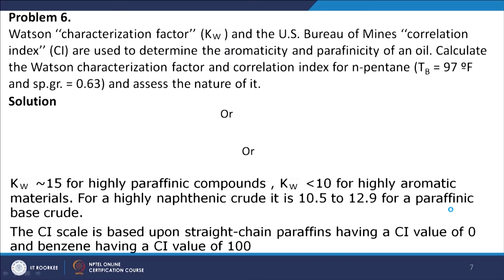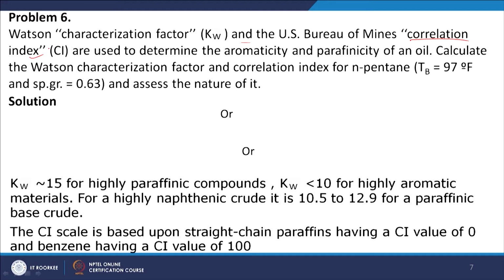Next problem says Watson characterization factor and the US Bureau of Mines correlation index CI are used to determine the aromaticity and paraffinicity of an oil.